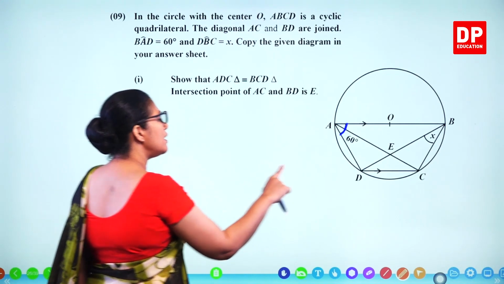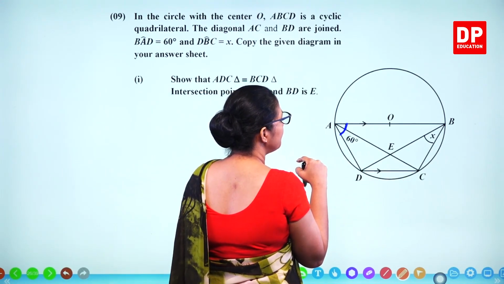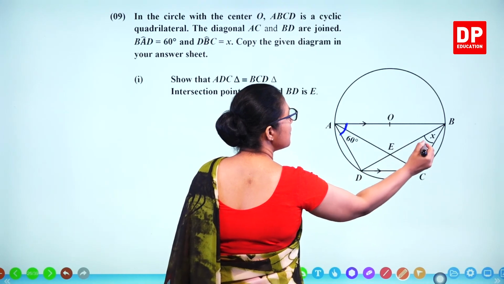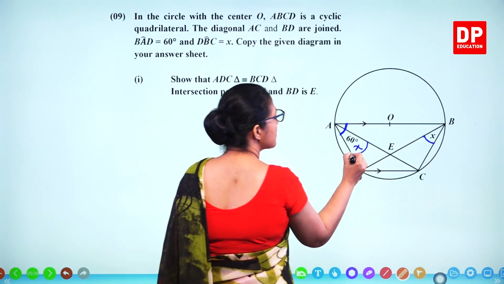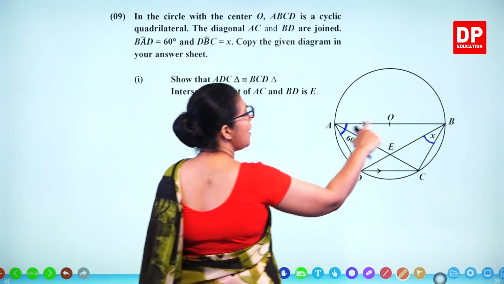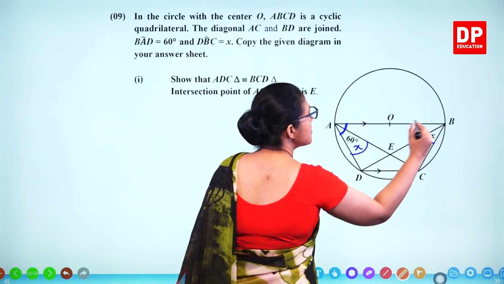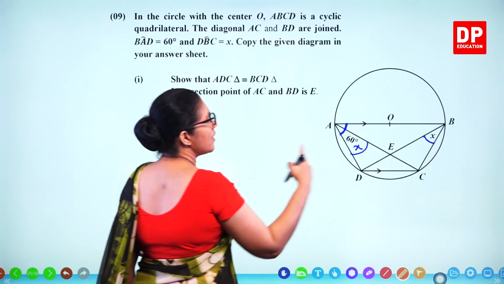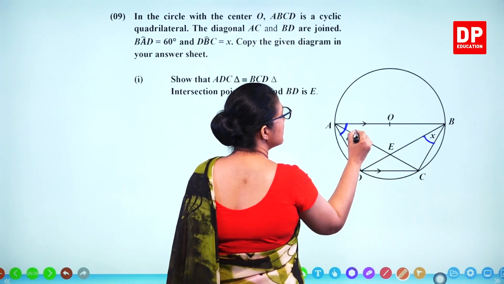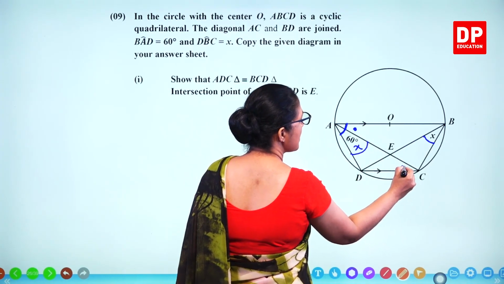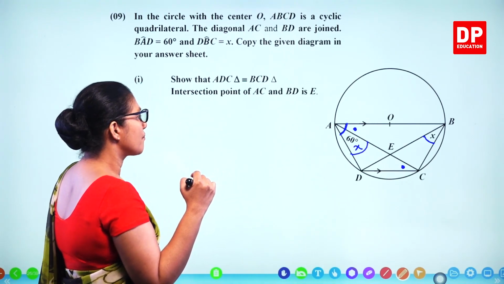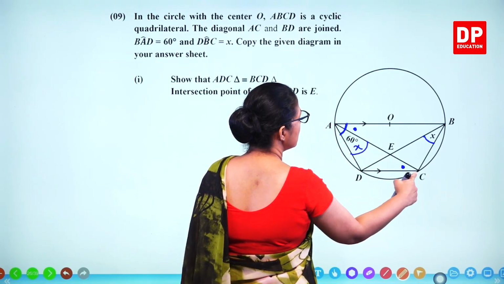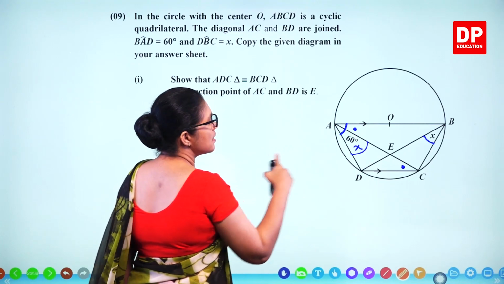So look at it carefully. DC is the same. And here same segment angles. If this is X, this is also X. And these 2 lines are parallel. This angle, or here we can take this angle. This angle is same as this angle. And this angle. What is this angle?